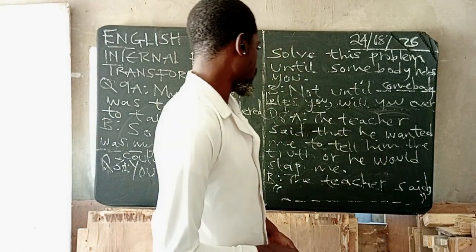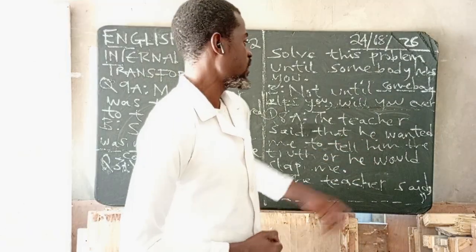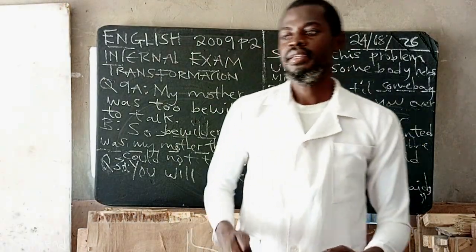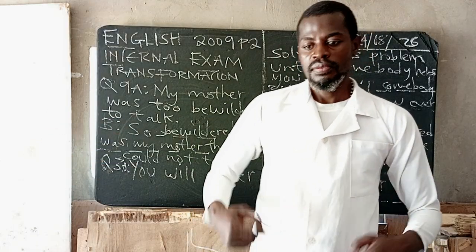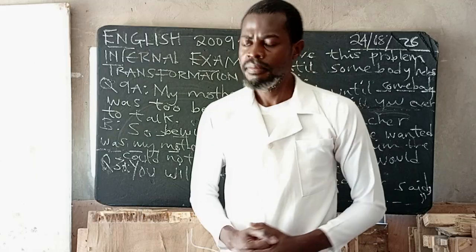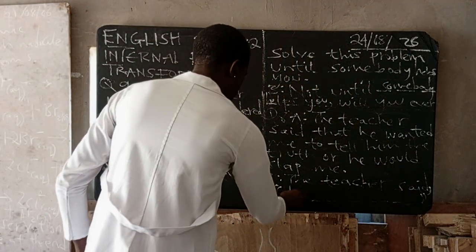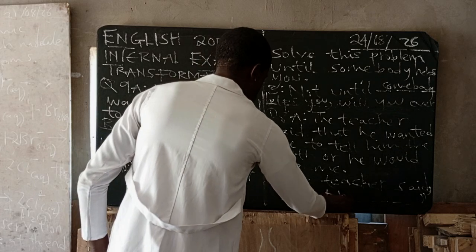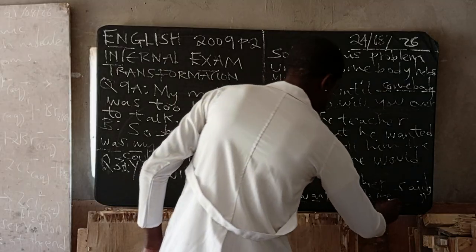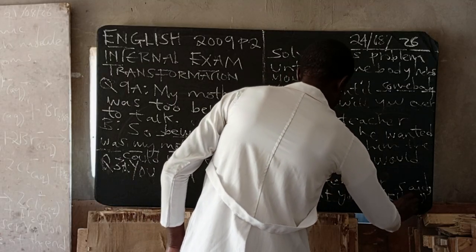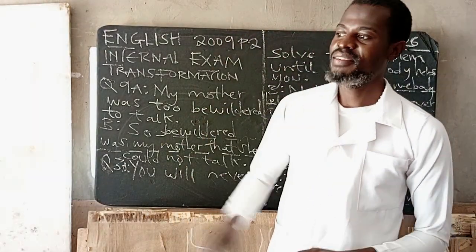He becomes I. Wanted becomes want. Remember, reported speech is in past tense, while direct speech is happening now. So let me write what I said. I want you to tell me the truth, or I will slap you. Then close the inverted comma.